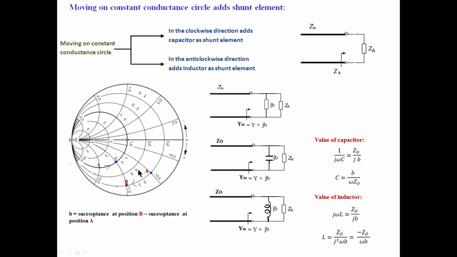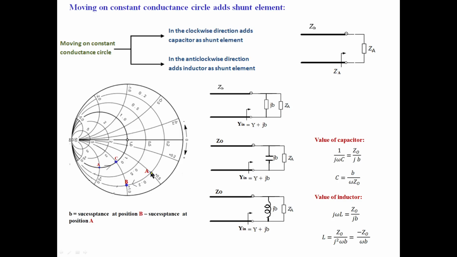Now if you move over a conductance circle, from any point to any other, for example like this, in the clockwise direction or maybe in the anti-clockwise direction, from the load.